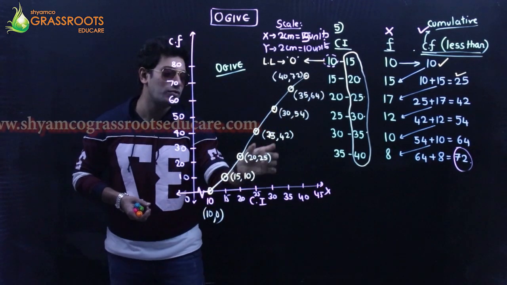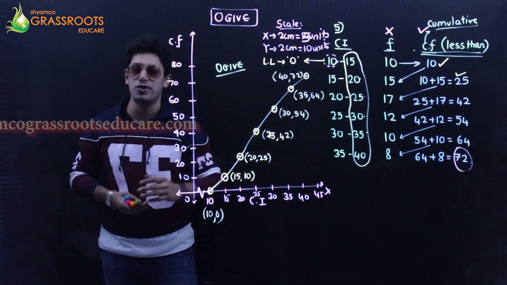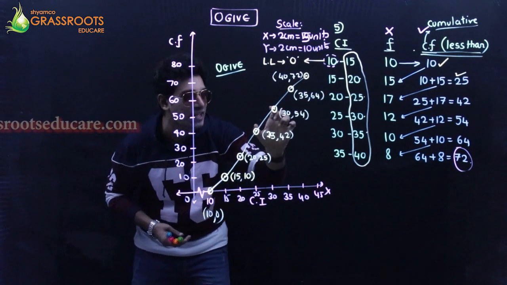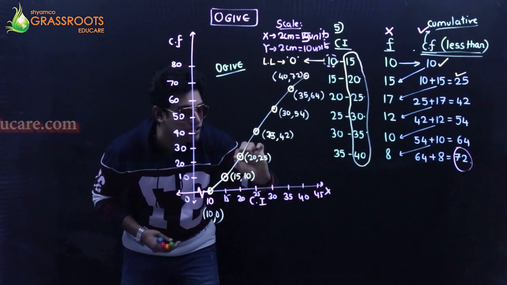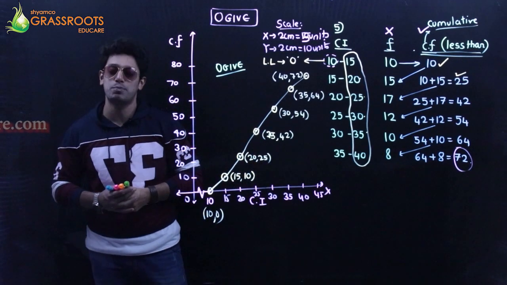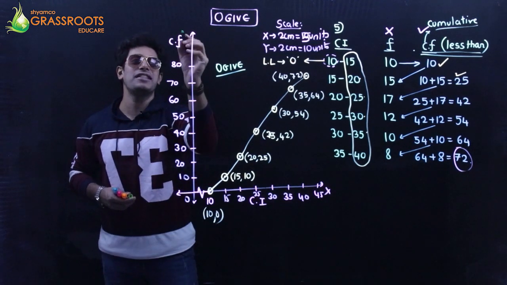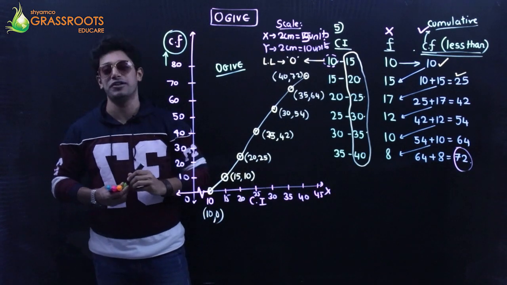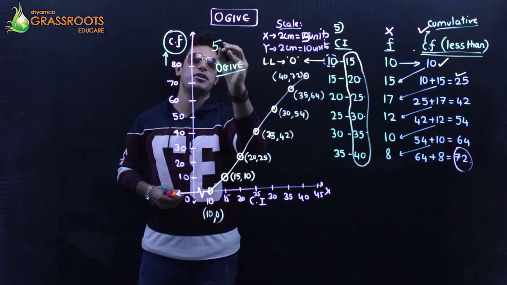Always write down the coordinates beside the points you have drawn on the graph. Connect 2 points at a time with a freehand diagram, trying to make the line as straight as possible. That will give you a proper answer. And the plotting is not frequency, the plotting is cumulative frequency. This is your question number 5.